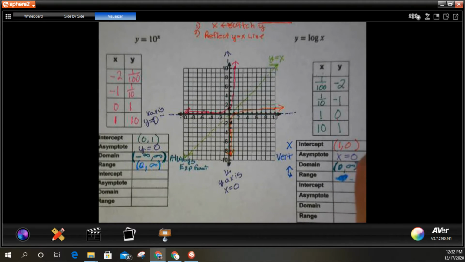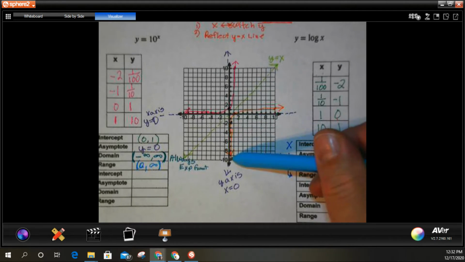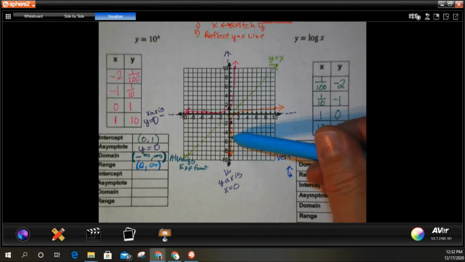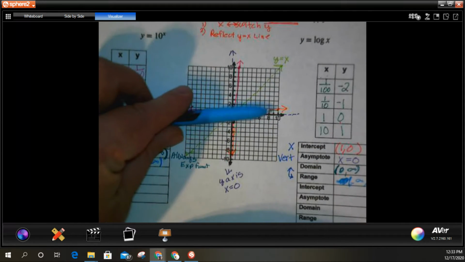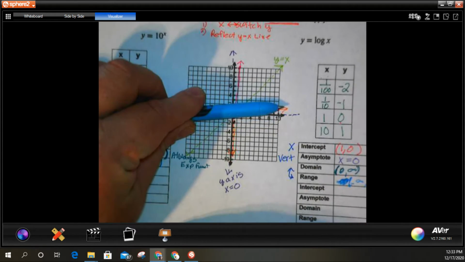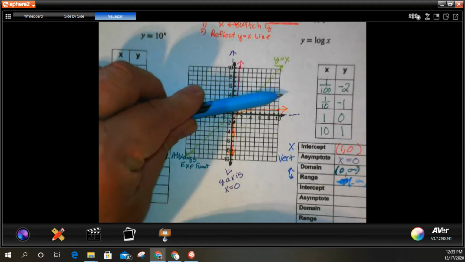And infinity is always in parentheses. My highest y value, well, let's see, highest y value. Now, this is angling up a little bit. So it's going to try to get to y infinity.